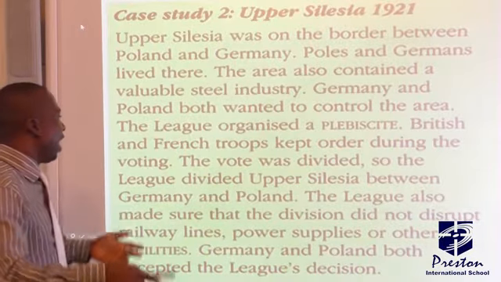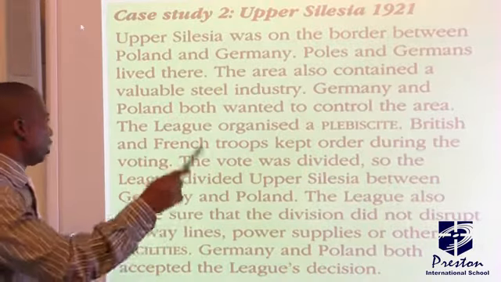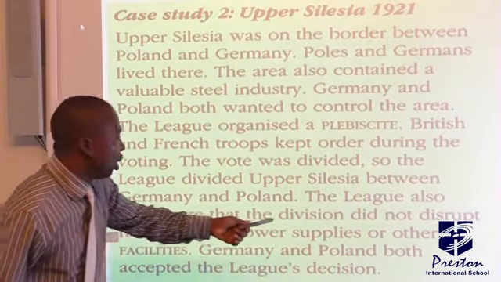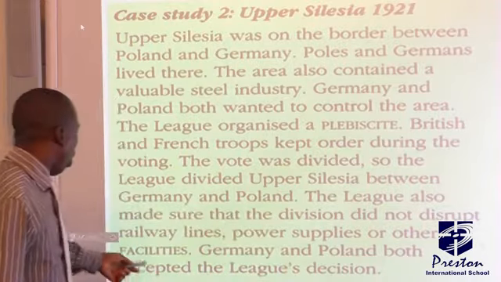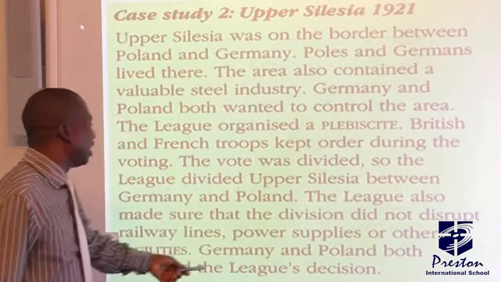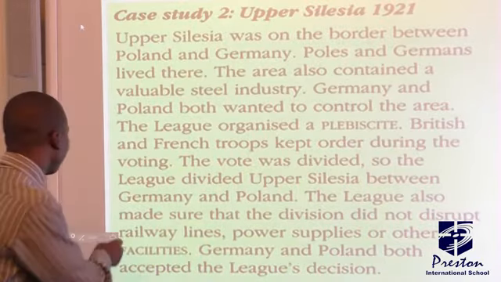At the end of the day, the League of Nations was able to achieve something tangible. The League made sure that the division did not disrupt railway lines, power supply, or other facilities. Germany and Poland both accepted the League of Nations decision. This was a success for the League of Nations.